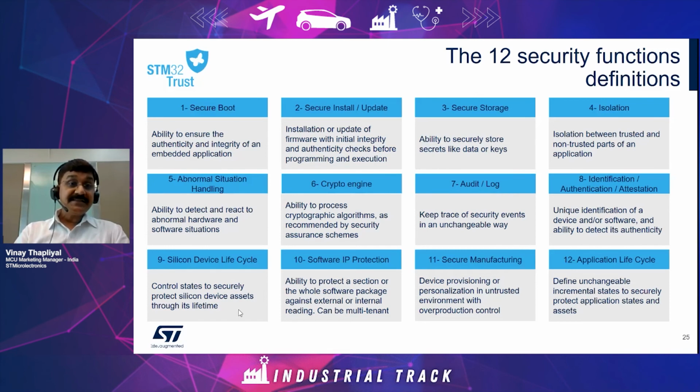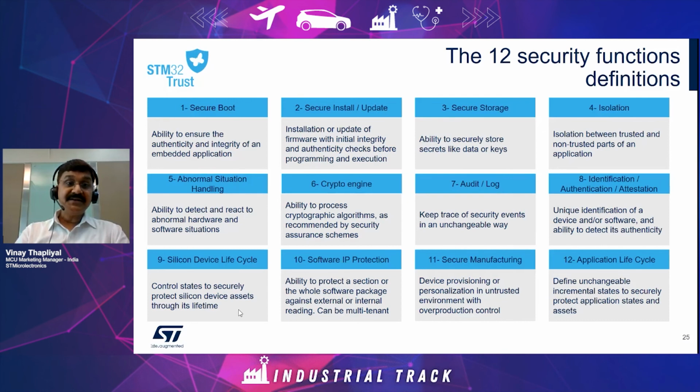Silicon device lifecycle, control states to securely protect silicon device assets through its lifecycle. 10. Software IP protection, ability to protect a section or the whole software package against external or internal reading.